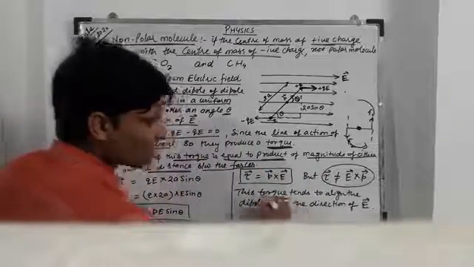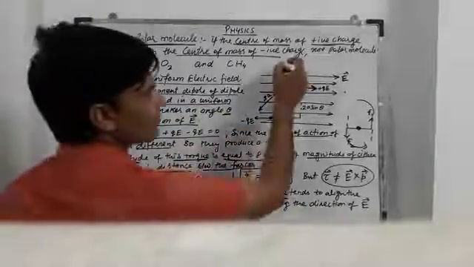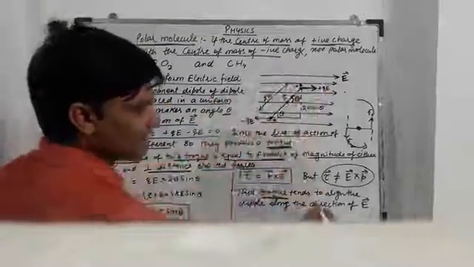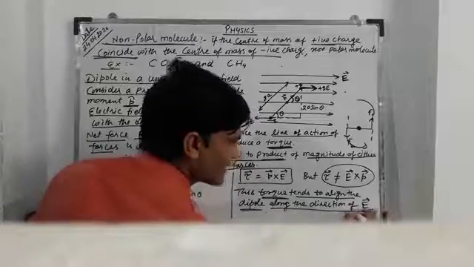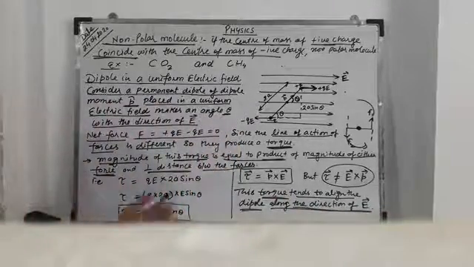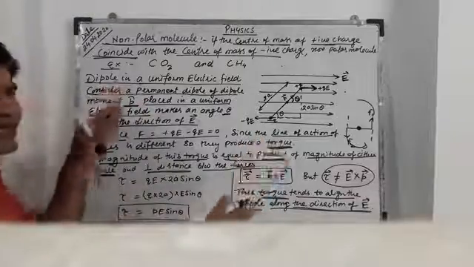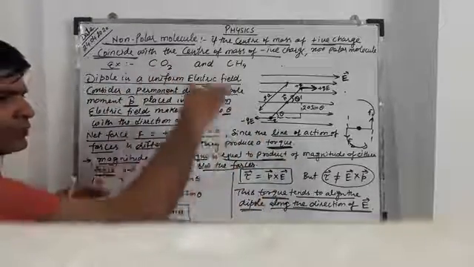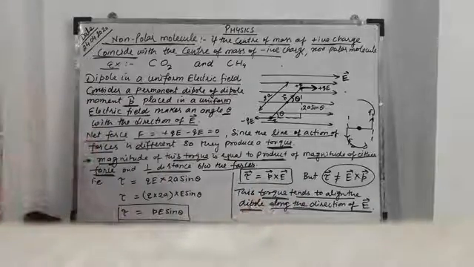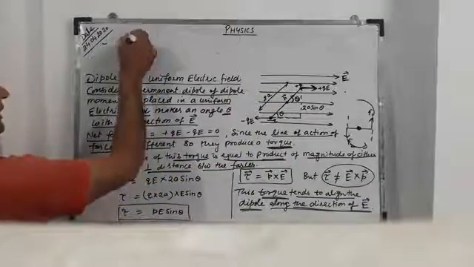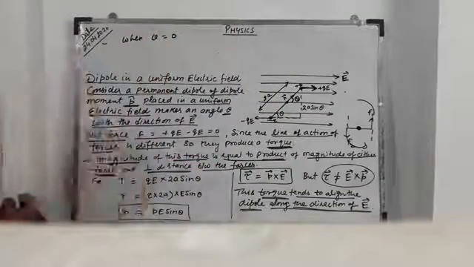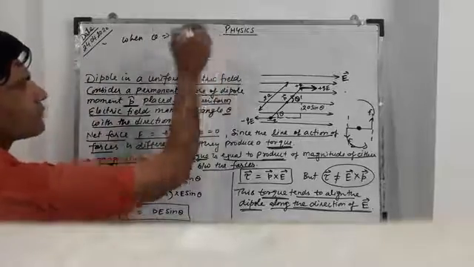Okay, this torque, as you can see from the diagram, tends to align the dipole along the direction of the electric field. Now three cases arise. When theta is equal to 0, then tau is equal to 0.